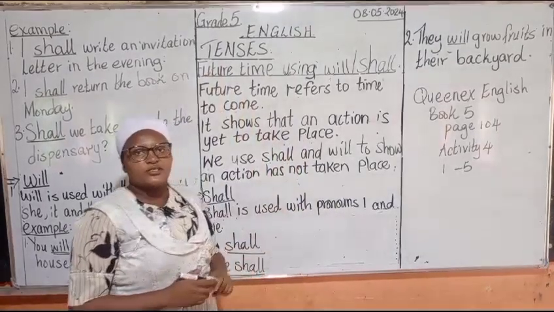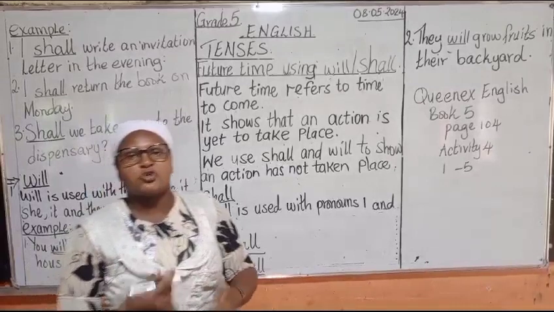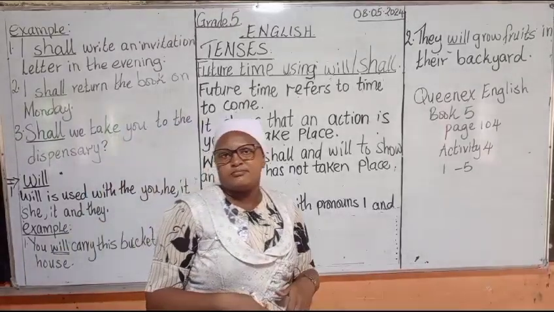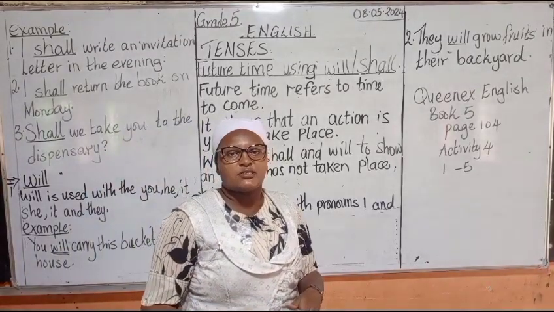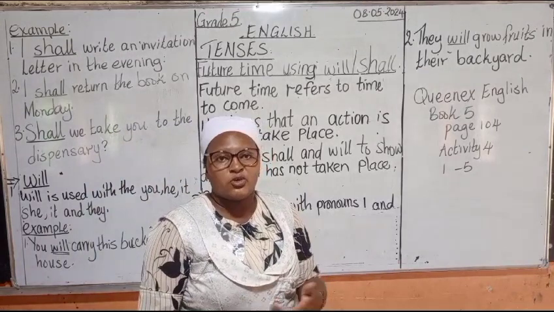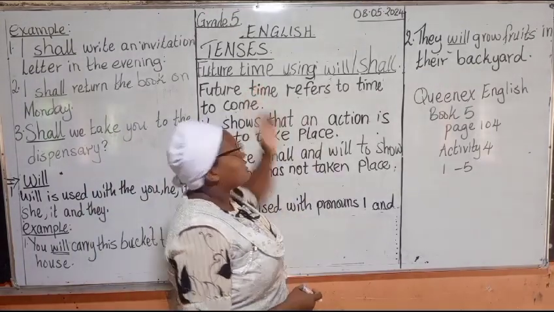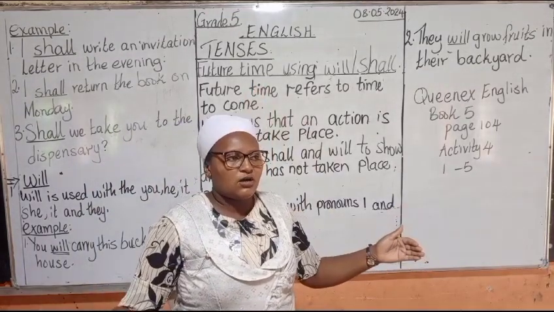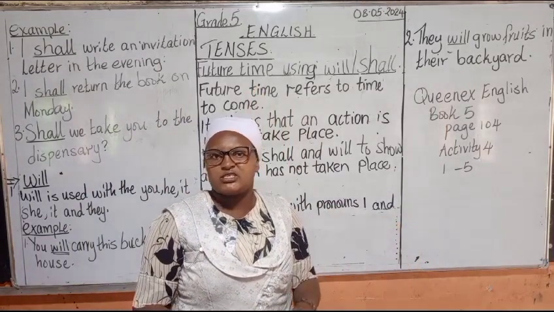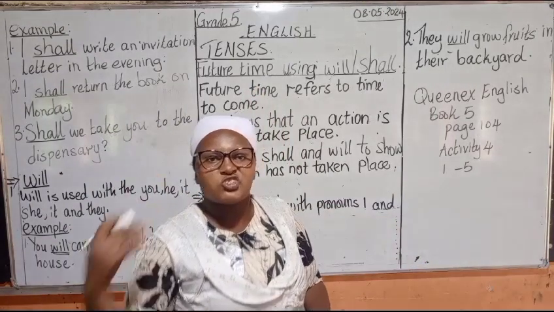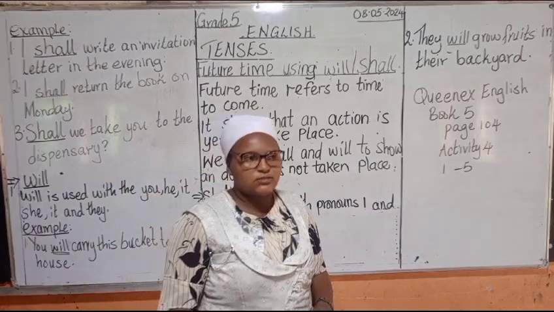Here we are dealing with tenses, and we understand tenses is a topic that we learn. Tenses are words that we use regularly, and they are divided into various categories. We have present tense, past tense, and future tense.